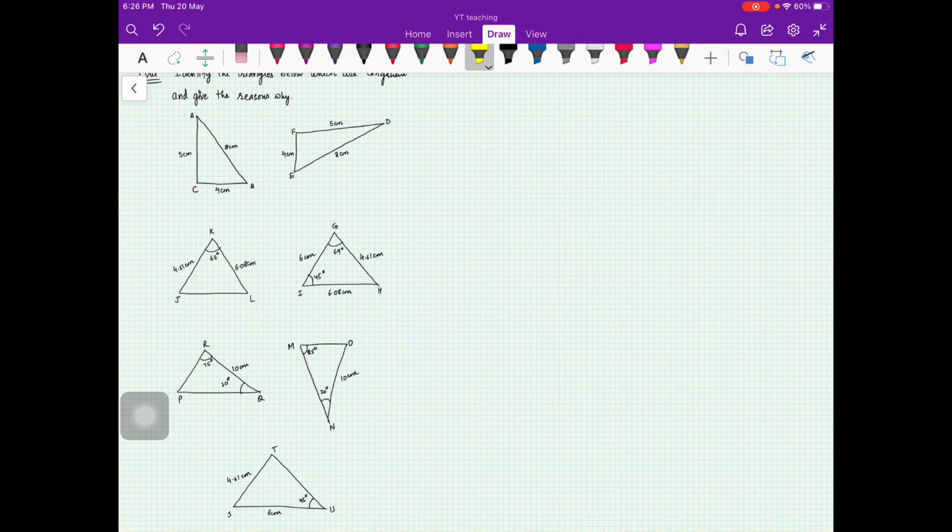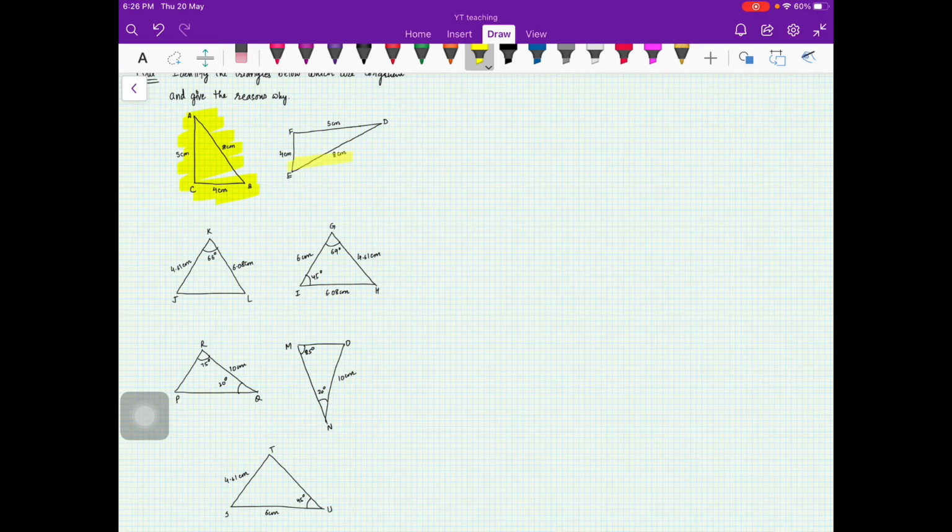I'll give you 30 seconds. Can you identify? One pair is very obvious: this triangle here and this triangle here. Consider triangle ABC and triangle EDF.